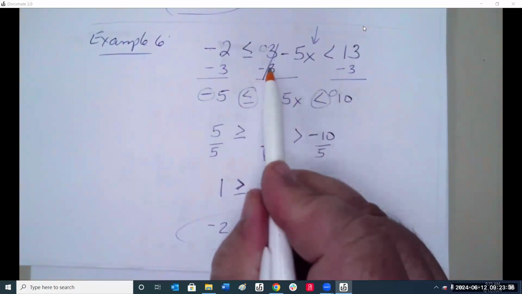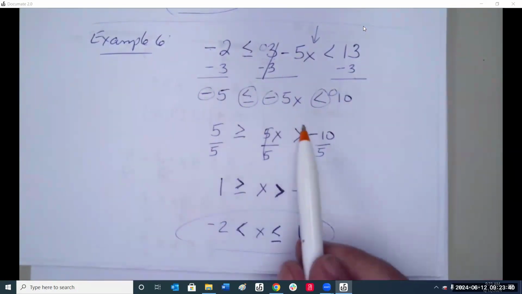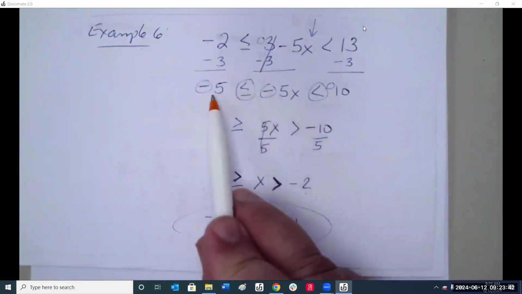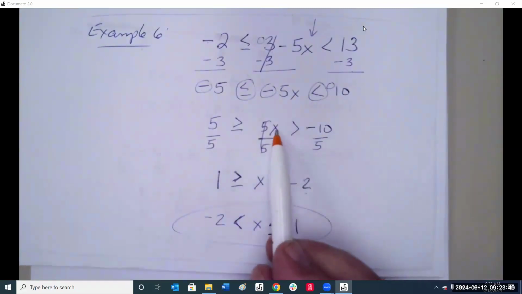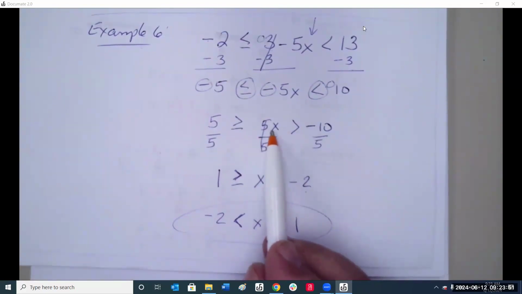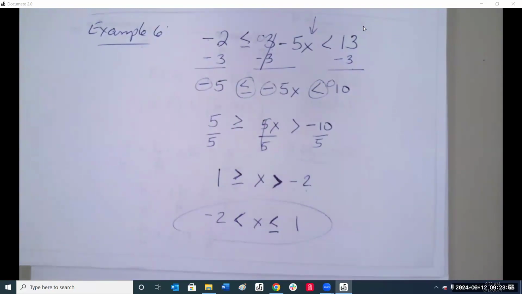And since I subtracted 3 here, I have to subtract 3 from everybody. Then it changes. Since I had -5 in the middle, I have to change everything across the board. And then to get rid of the 5, since it's multiplied, the opposite of multiplication is division. When you solve for x, it's a process of opposites.